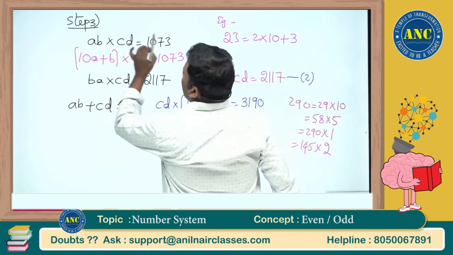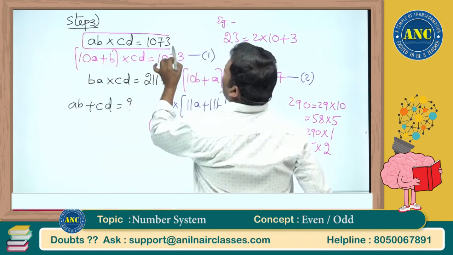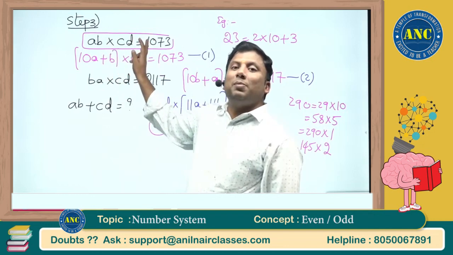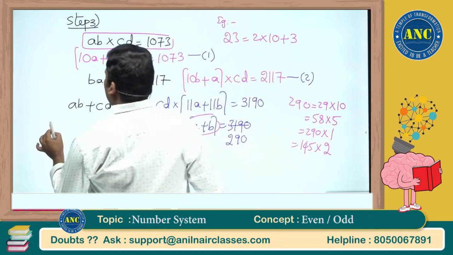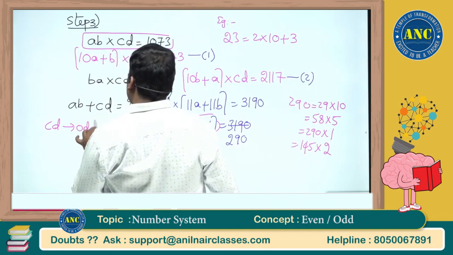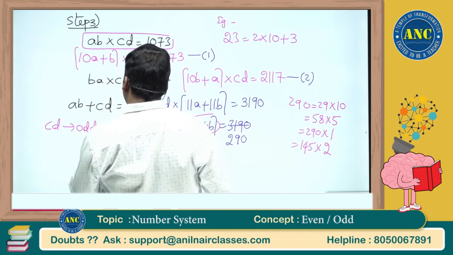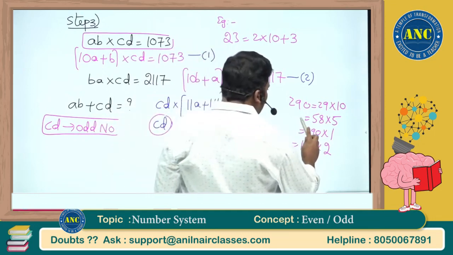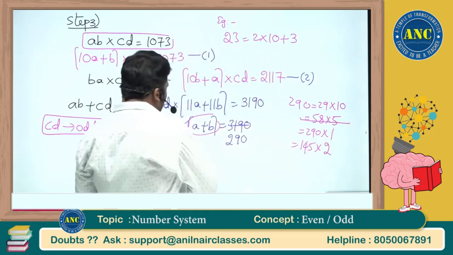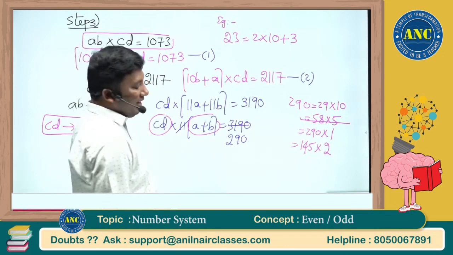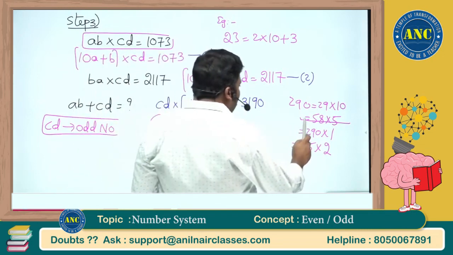But we discussed AB into CD is 1073. AB is an odd number, CD is an odd number. That means CD should be an odd number. Giving CD as 58 is not possible because CD is an odd number.